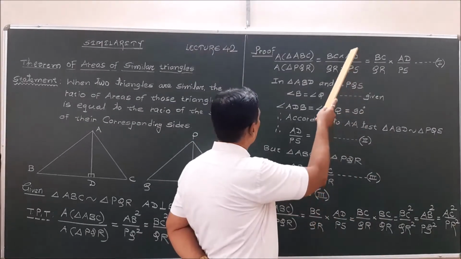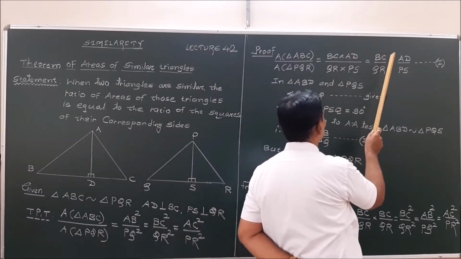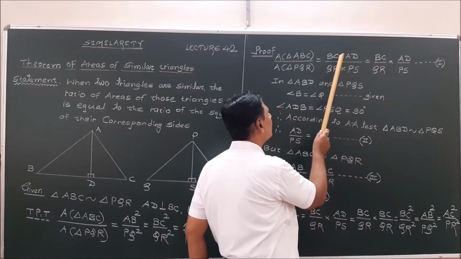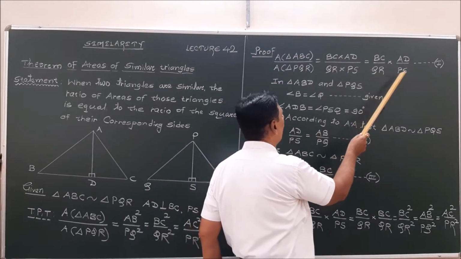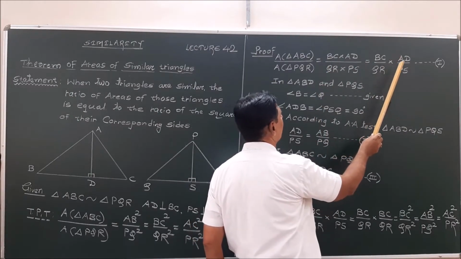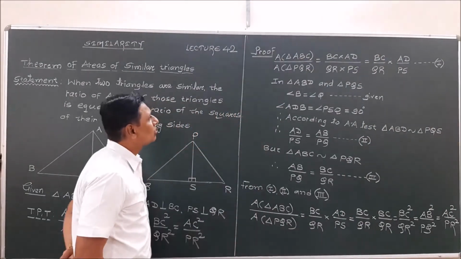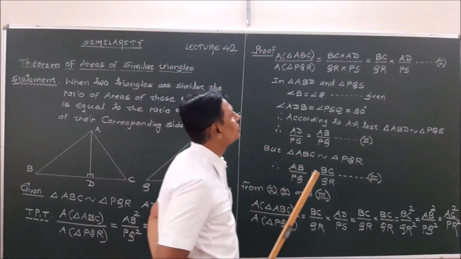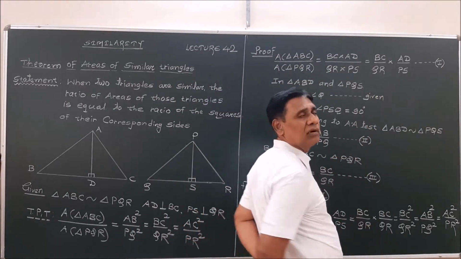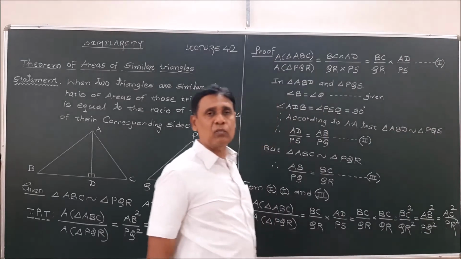Whatever is written over here, the same things are written over here, only in split form: BC upon QR separately, multiplied by AD upon PS. So you will find BC upon QR into AD upon PS. This is our equation 1.